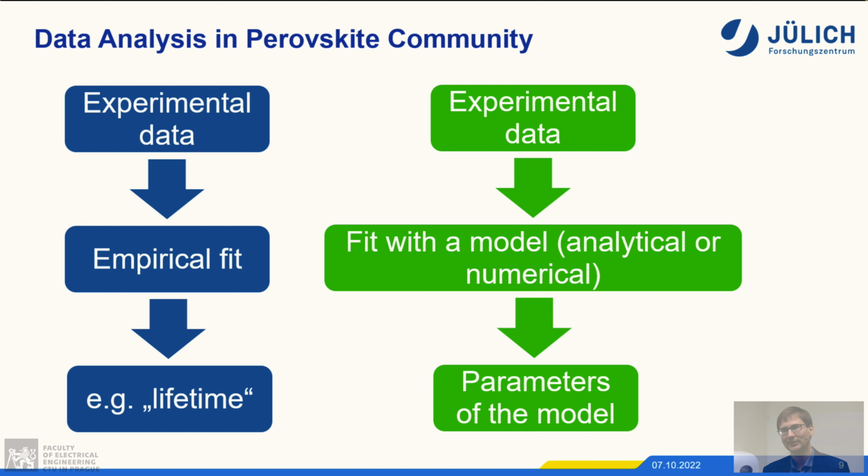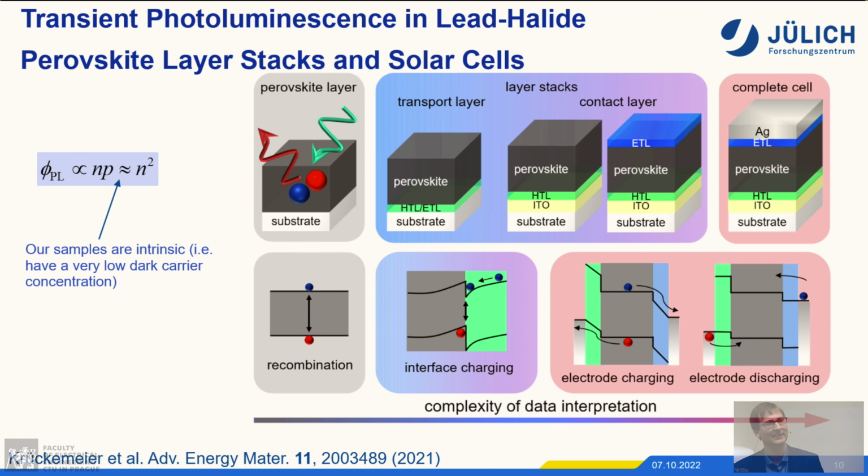You need to think about it first, and then think about what a sensible model is, and then try to extract not something that you just call a lifetime, but some sort of parameters of a model that have a physical meaning that you can explain to somebody. Yeah? This is a very minor addition to the process on the left, but it can help a lot in understanding things. Okay, now let's come to our study that we tried to do on this.